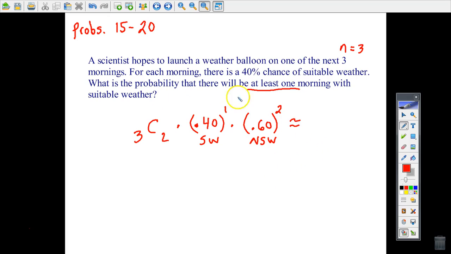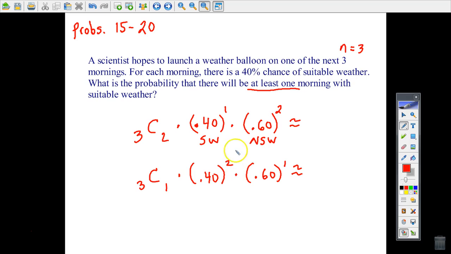But it didn't say exactly one morning, it said at least, which means not only do I have to find the likelihood of one morning, but I also have to find 2 mornings. Okay, that would look like this. 2 mornings of suitable weather, meaning 1 morning of not suitable weather. Combination factor.